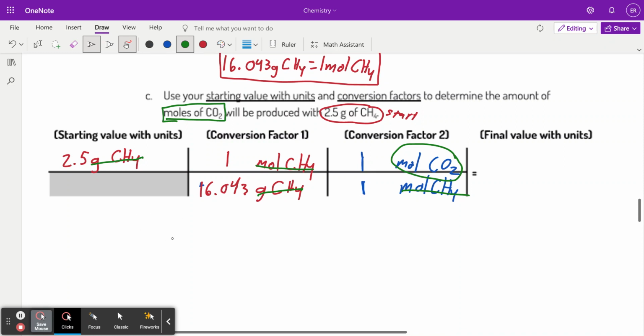Okay, so now let's plug it into our calculator. You should start with 2.5 and then times 1 divided by 16.043 times 1 divided by 1 equals. Go ahead and pause the video to find that answer.